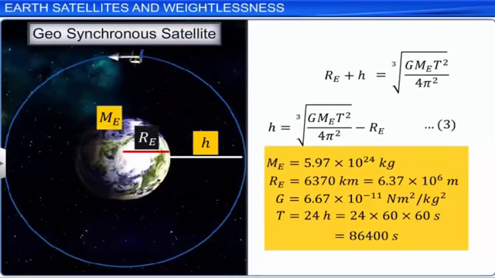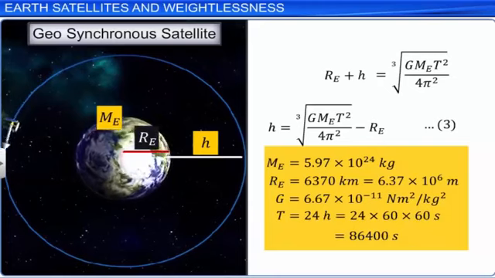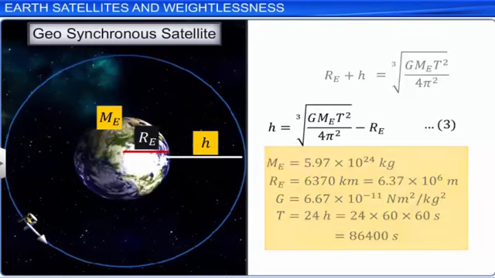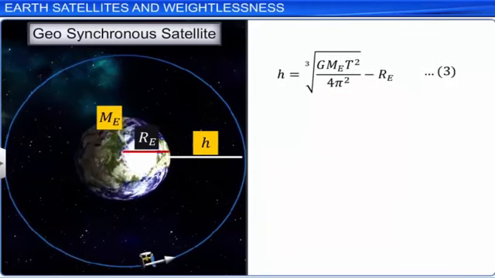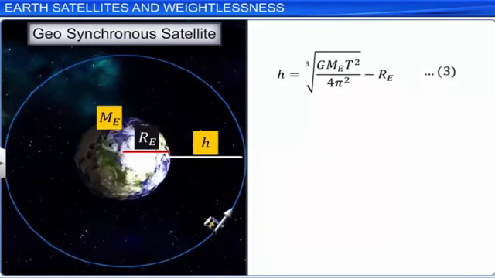Thus, a satellite whose height from the surface of the Earth is about 35,850 kilometers has a period of revolution equal to that of the period of rotation of the Earth.